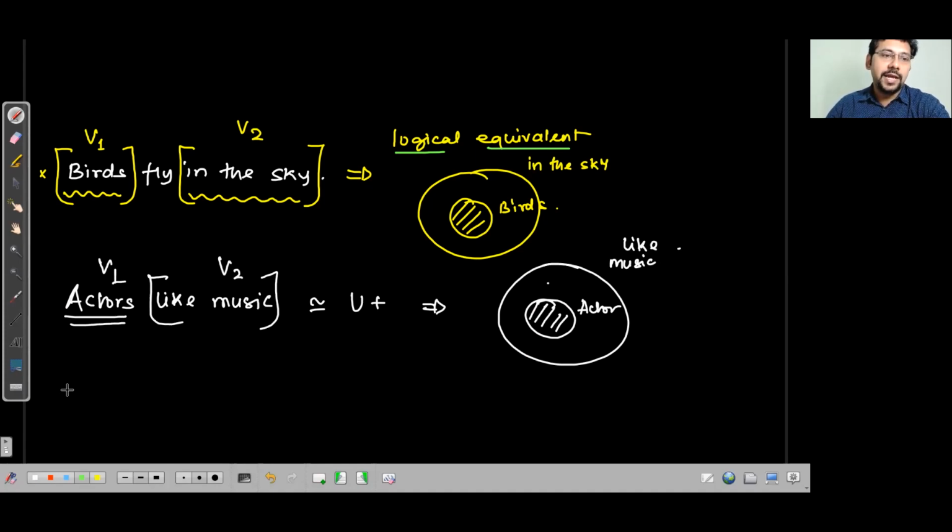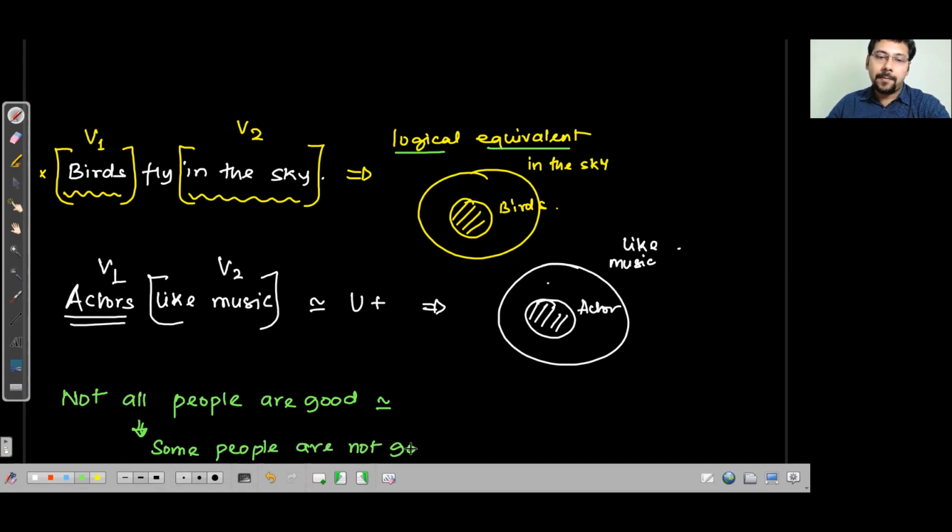I can similarly say something like, not all people are good. This is a very interesting one. This actually doesn't represent that some people are good. The logical equivalent of it becomes some people are not good. So we have its logical equivalent as a partial set of people being excluded.